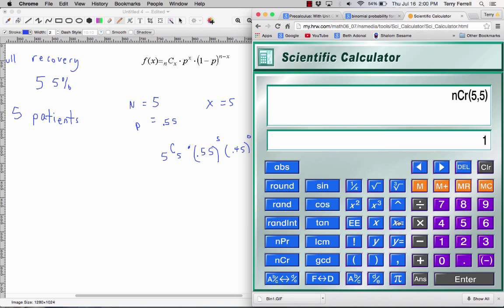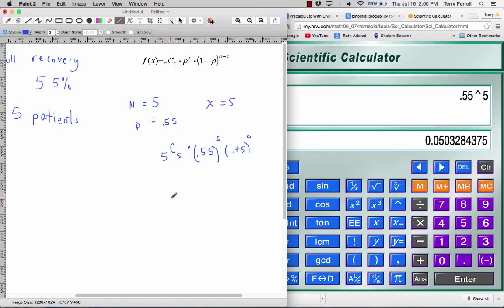Then times 0.45 to the 0 power, that's 1. So technically it's just going to be 0.55 to the 5th power, which is 0.0503, and so forth. 0.05032, round it to whatever they want you to round it to.